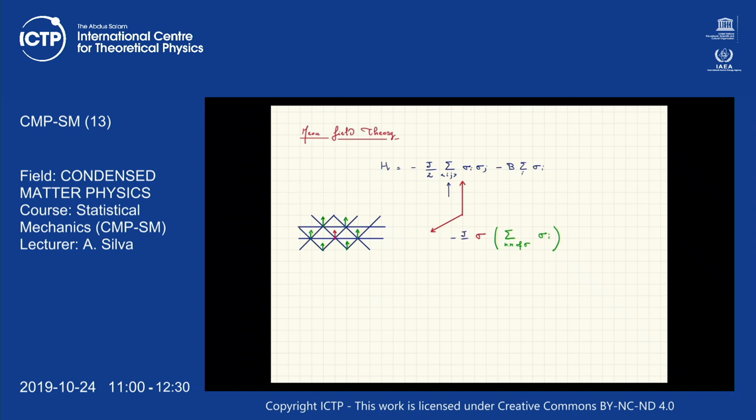So every time I have a sigma appearing, all the nearest neighbors will appear interacting with it.